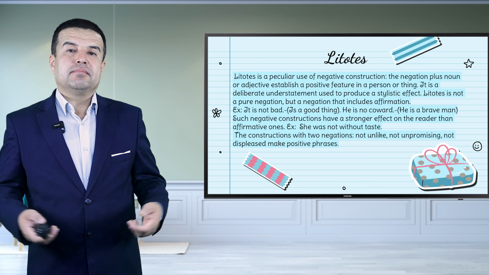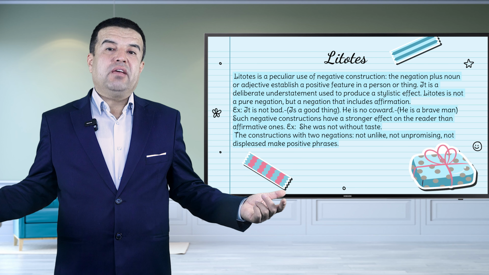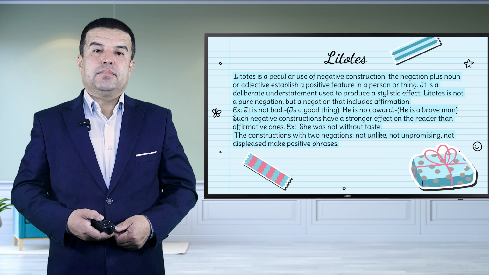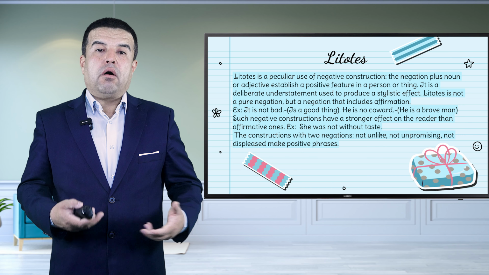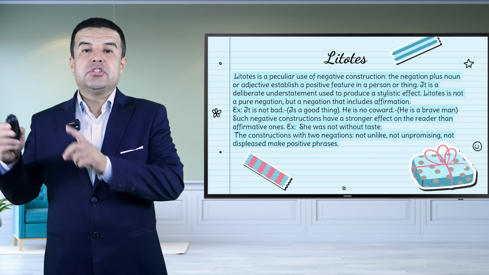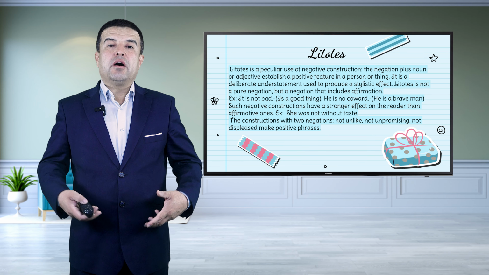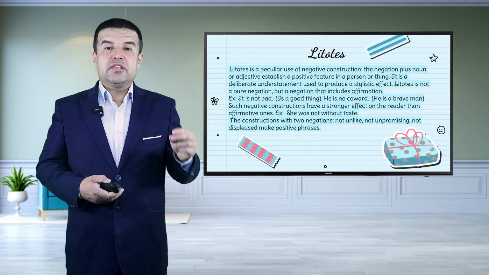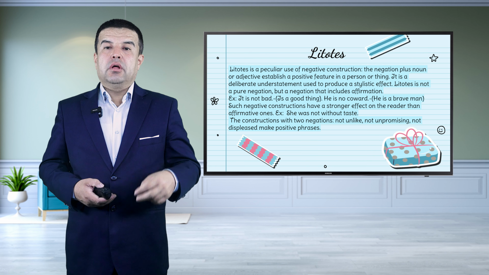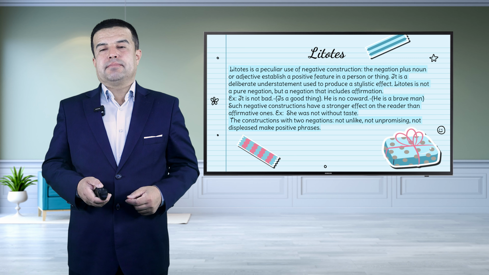It's a good thing. He is not a coward. He is a brave man. Such a negative construction has a stronger effect on the reader than the affirmative one. For example, she was not without taste. In these constructions, with the two negations, not unlike, not uncompromising, not displeased, make positive phrases.